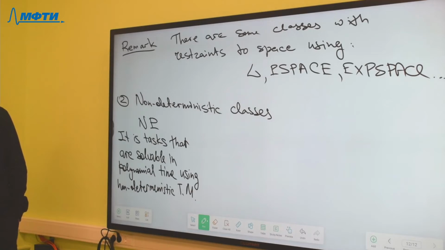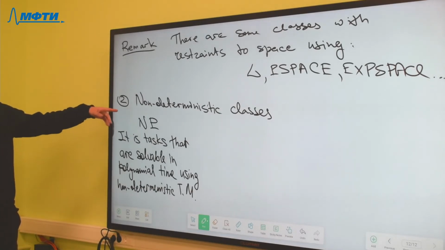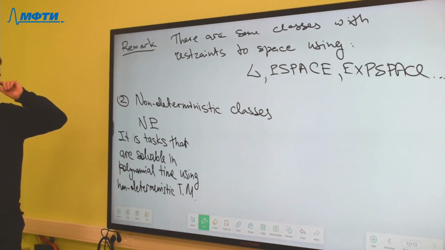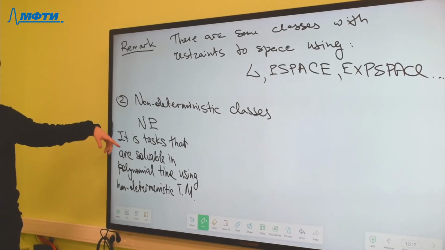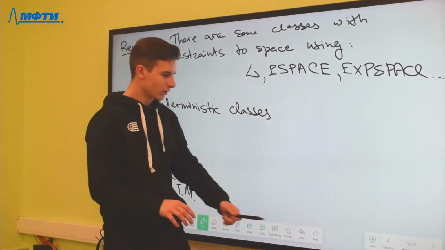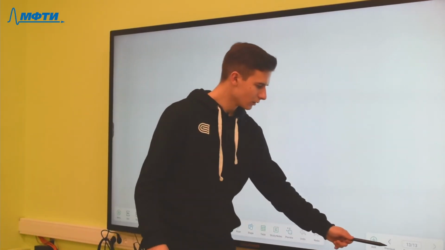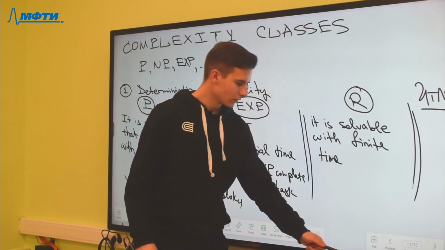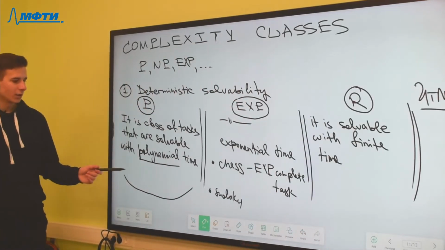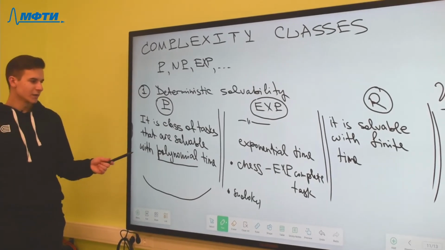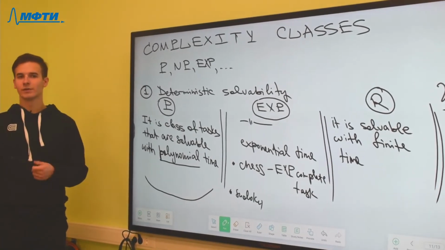I didn't write it, but in the first part of this topic, we mean here that we use a deterministic Turing machine. It means that we use only deterministic algorithms.